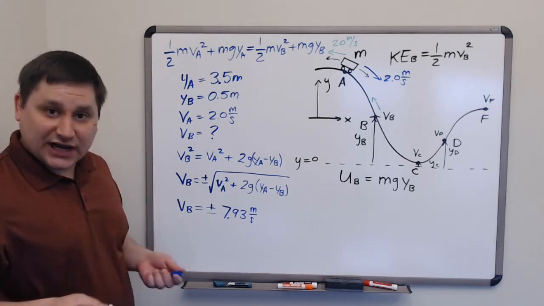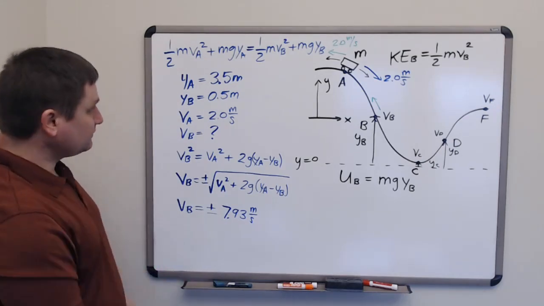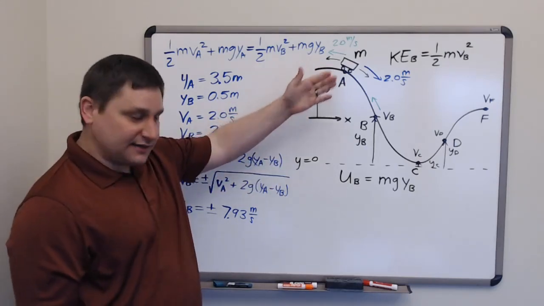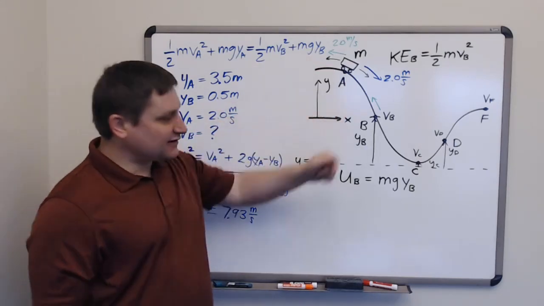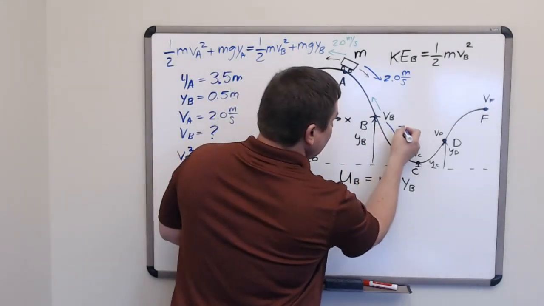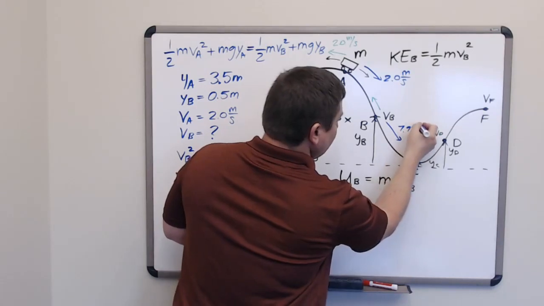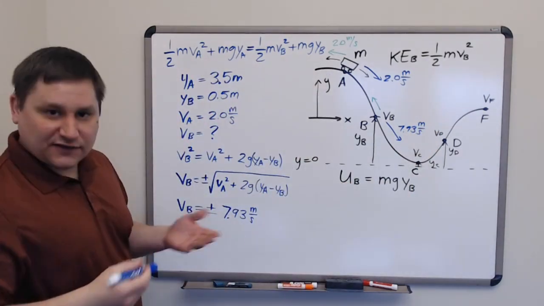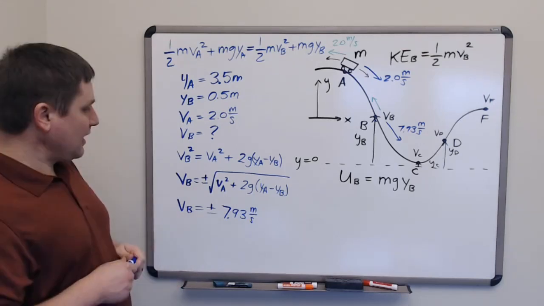All right, let's do a little check if that answer makes sense. If we assume it was moving downhill at location A, then by the time it gets to B, it's moving even faster downhill. So that's reasonable to see a speed up.